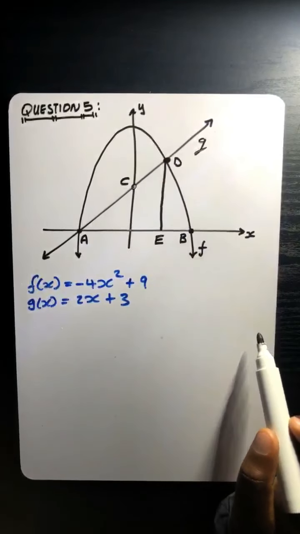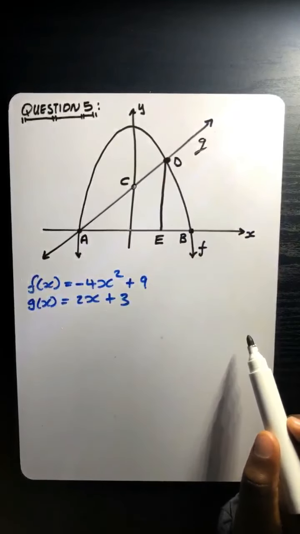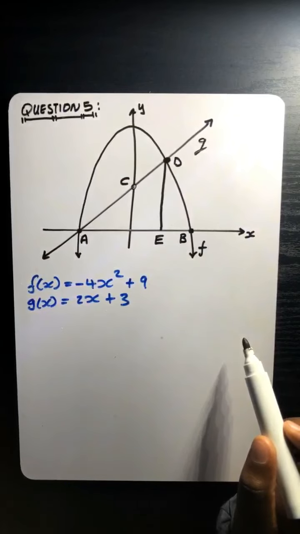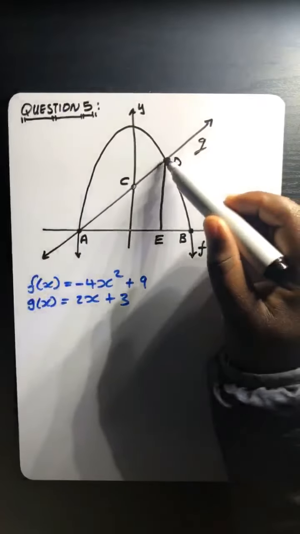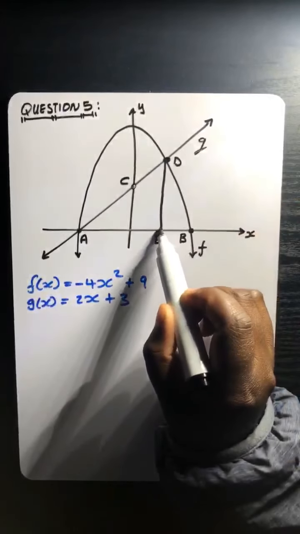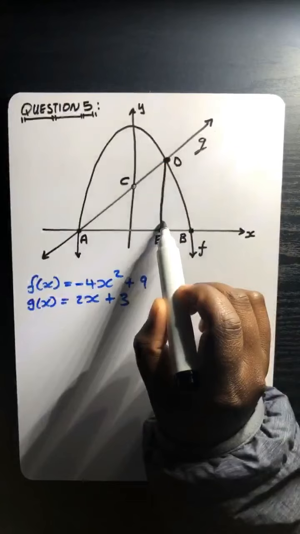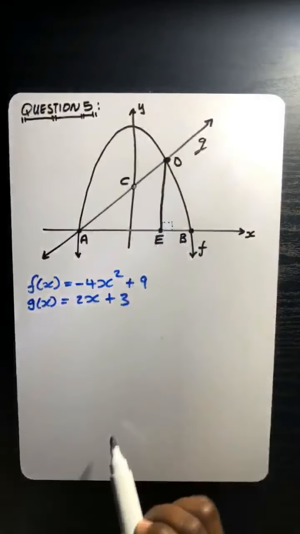The last part of the given statement says DE is parallel to the y-axis. Where is DE? There is D, there is E. They're saying it is parallel to the y-axis, which means it forms a 90-degree angle over there.